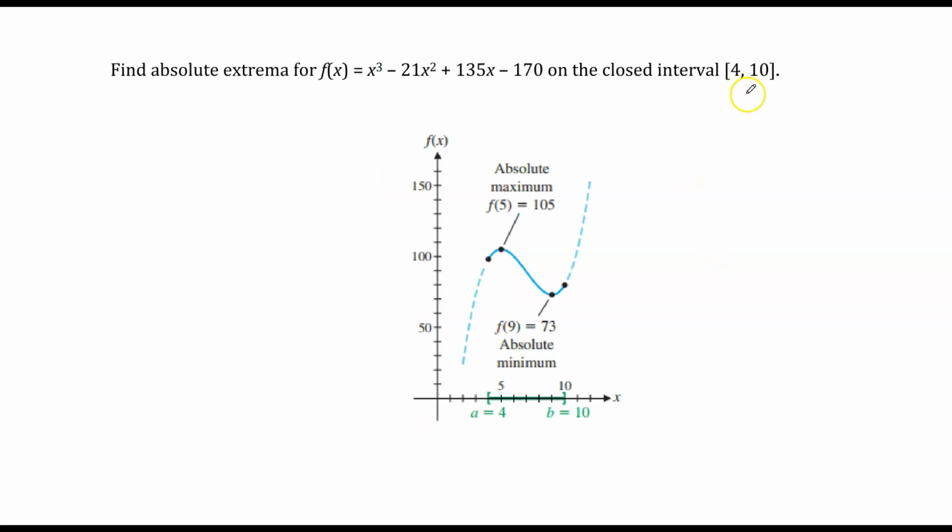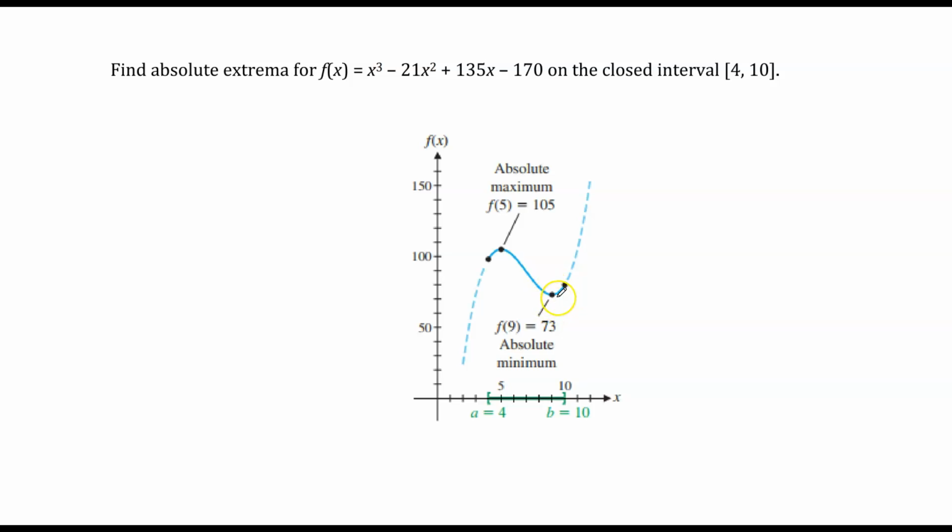Now, if you change the closed interval to [4, 10] of that same function, notice that the graph of the function on this closed interval would be this part of the curve here. In this case, this local maximum will now become the absolute maximum because that is now the highest point on your graph.